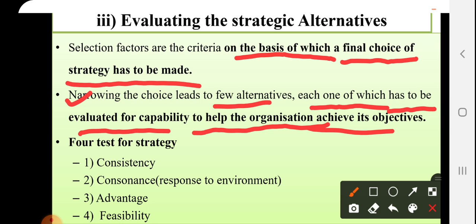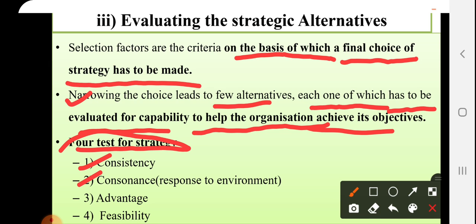Again, the organization tries to find the strategies which will be good or which will help to achieve the objectives of your organization. This consists of four tests. Before selecting strategies we consider some tests like consistency: how consistently the strategies will work.